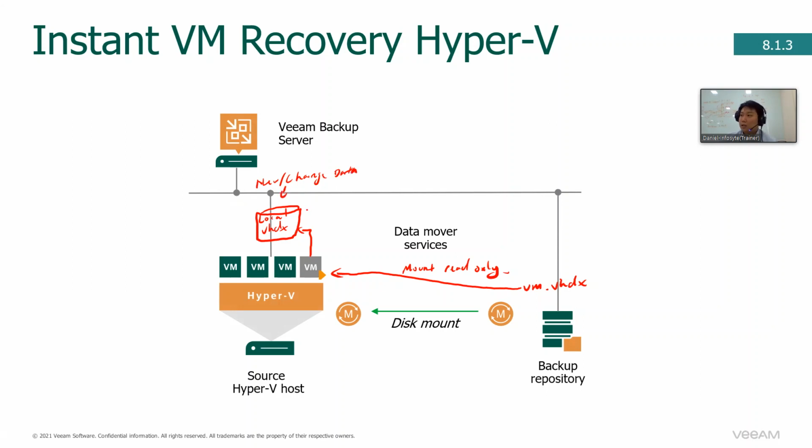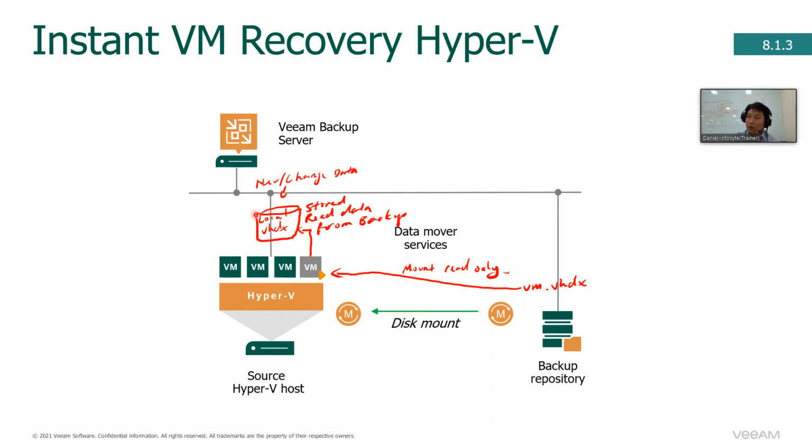Okay. And then they will also store read data from backup. Right? Now, as compared to VMware, it's a bit different. VMware, even the Delta disk is running on the backup infrastructure. Hyper-V, a bit different.